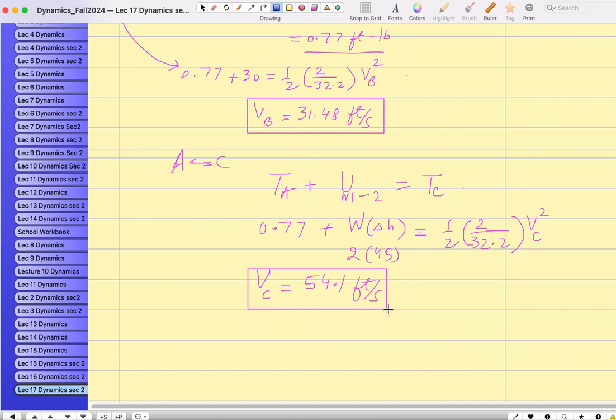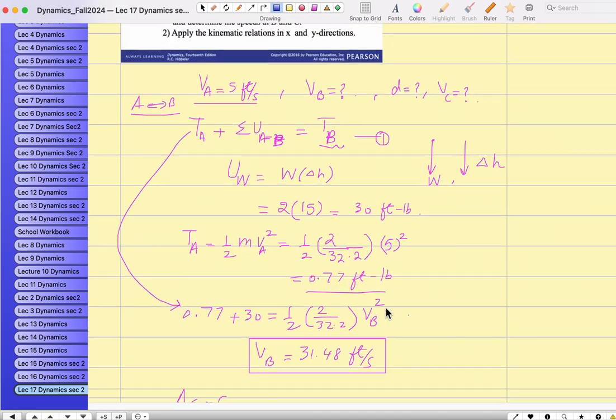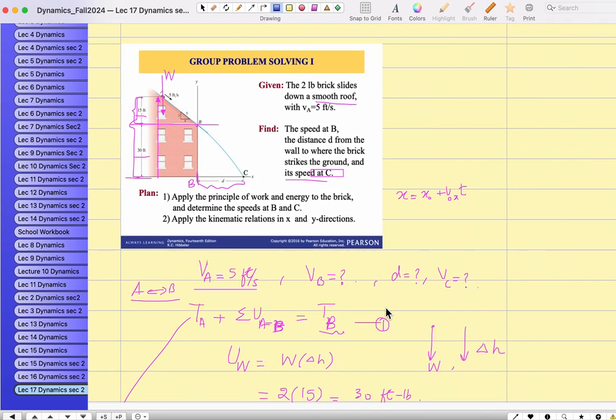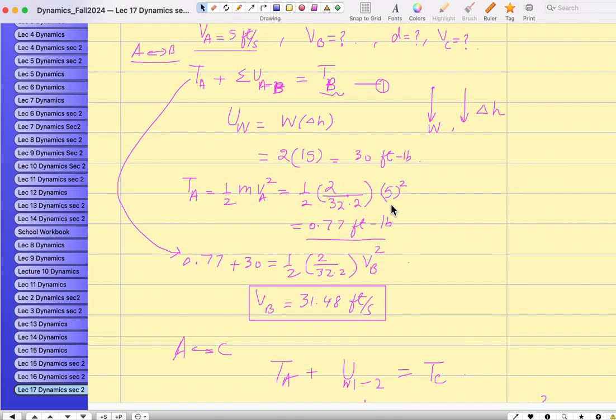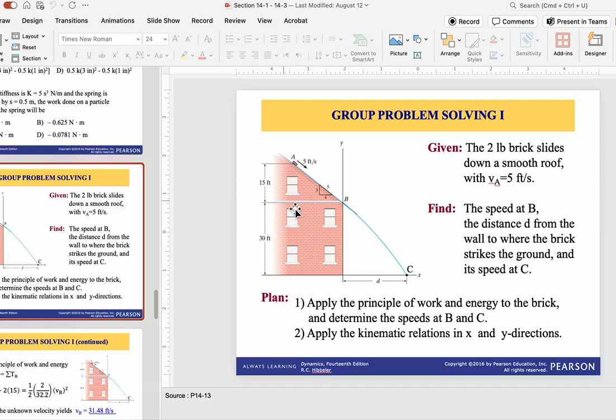Now the third part is asking what is the range of the projectile if it lands at location C. Find out the distance d. This is a chapter 12 question, like we did in chapter 12. Let me grab this from the figure again.